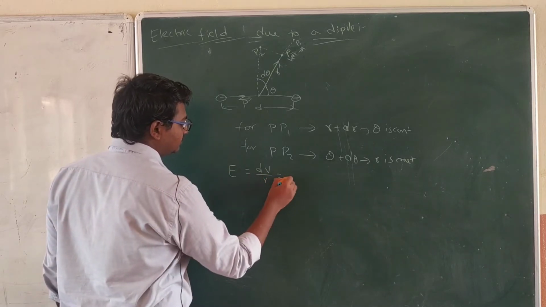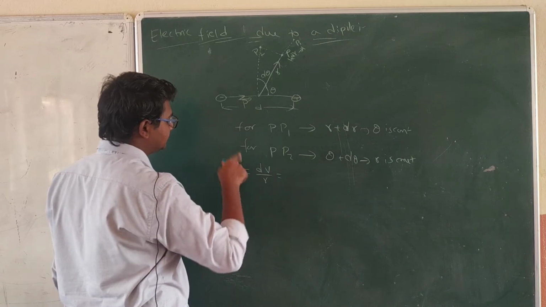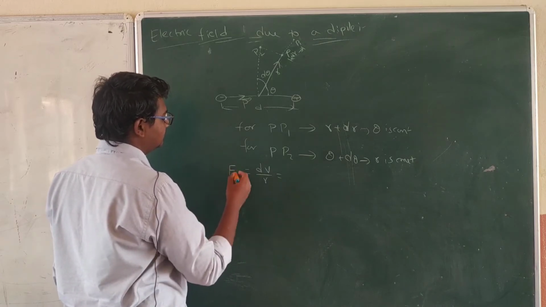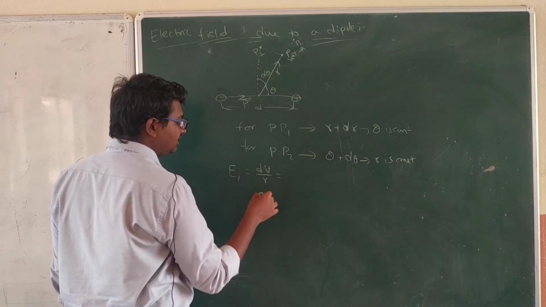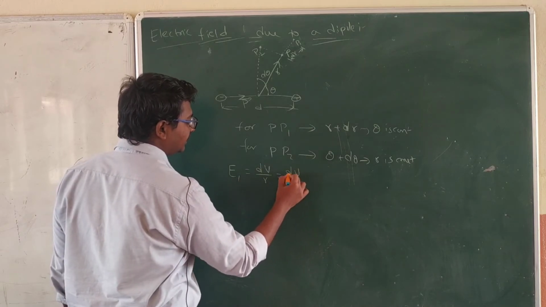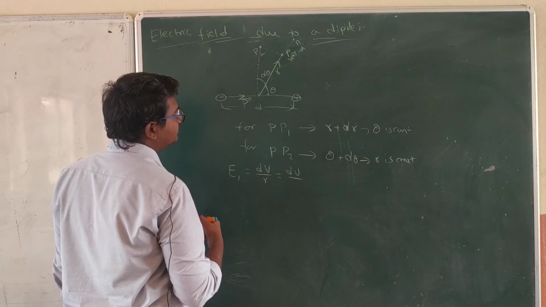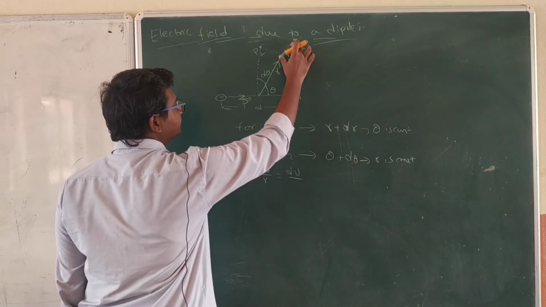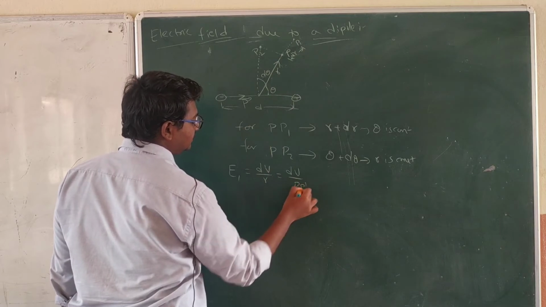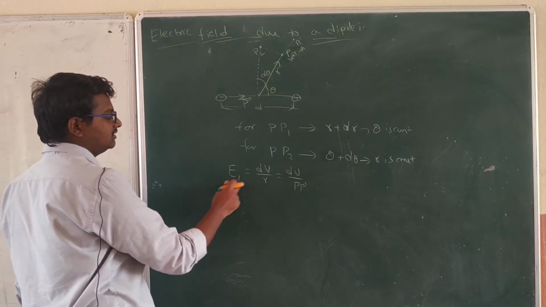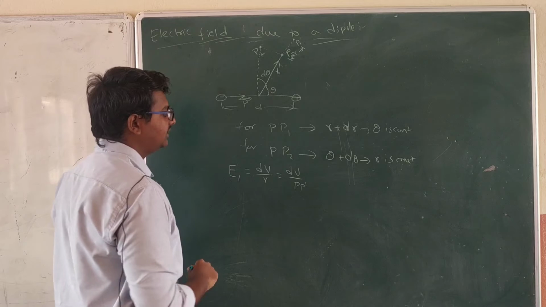Now, in this present situation, E1 is equal to dV by dr. For this situation here, PP dash, this is a general formula, and dV by PP dash we have to consider.